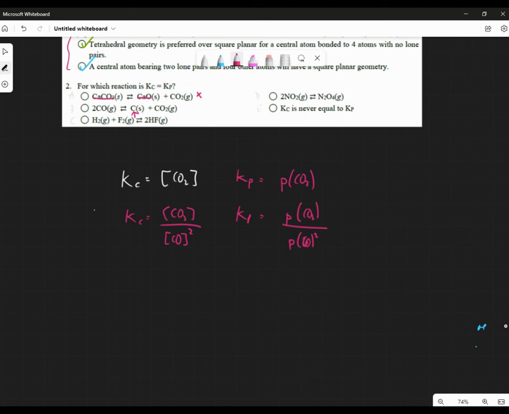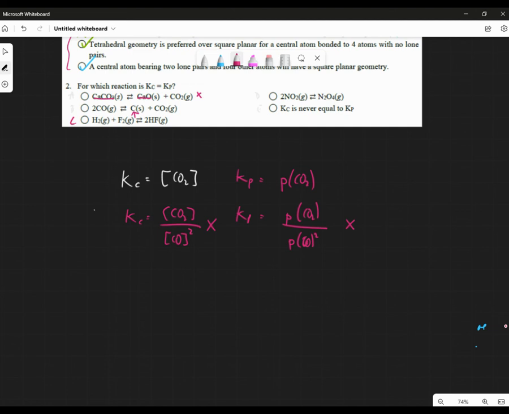This is concentration by concentration squared, and this is pressure divided by pressure squared. Kc and Kp are not going to be the same, because they're not unitless. They do have units, so they can't possibly be the same.